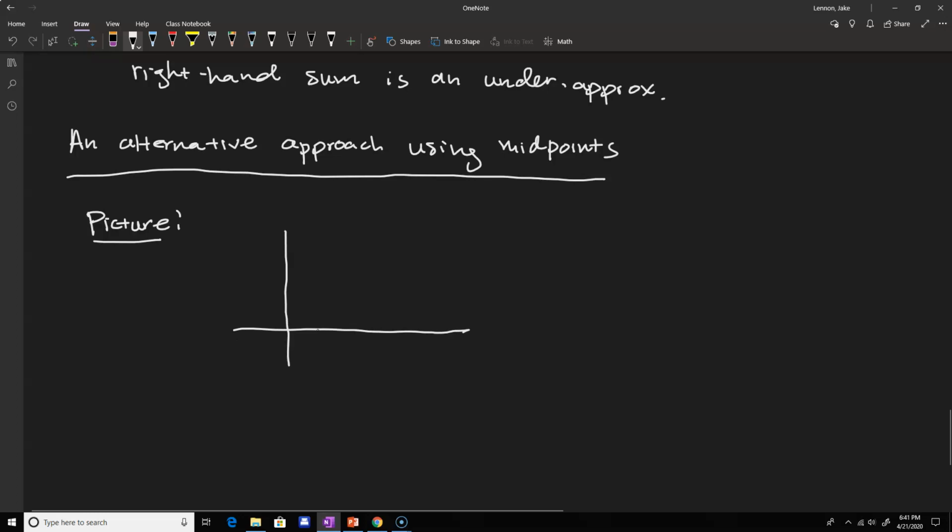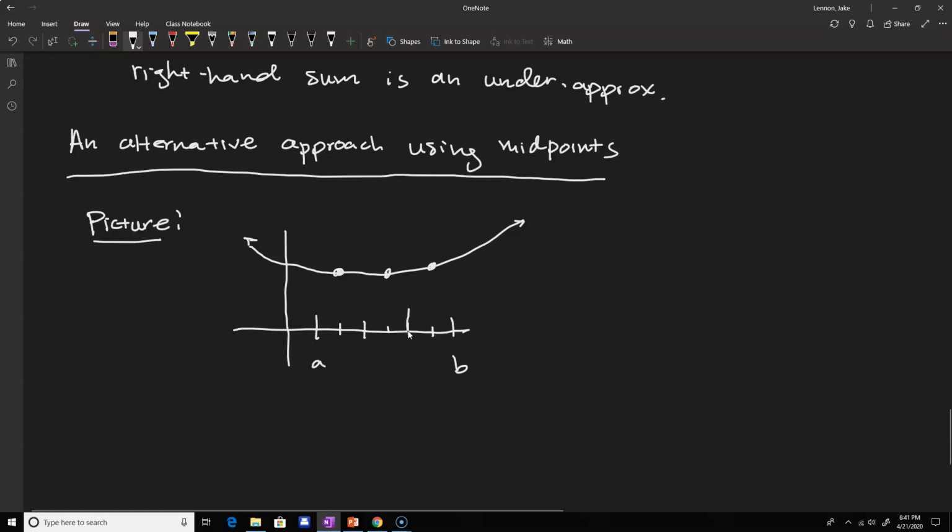So let's again say we have A here. Let's just do a very, very small case for the picture. So let's say this is A. We have 2 in between, and then we have B, and maybe we just have, again, some parabolic looking shape. So maybe what I do now is, instead of using left and right, I look at the midpoint of each one, and that is where I have my rectangle touch the curve.